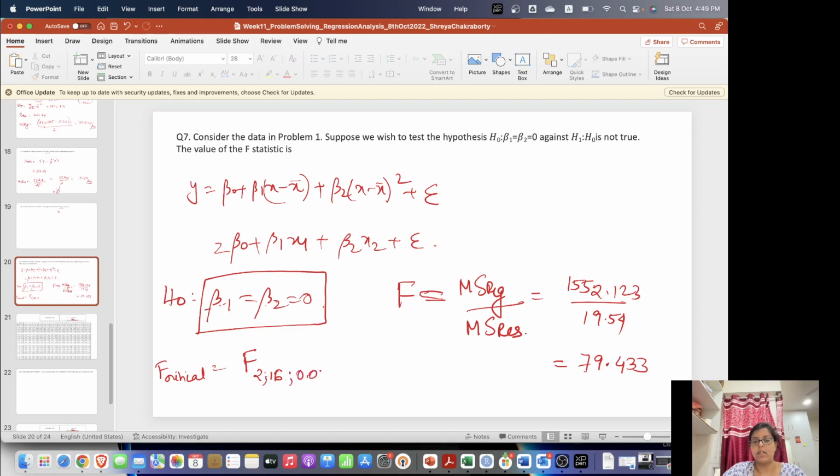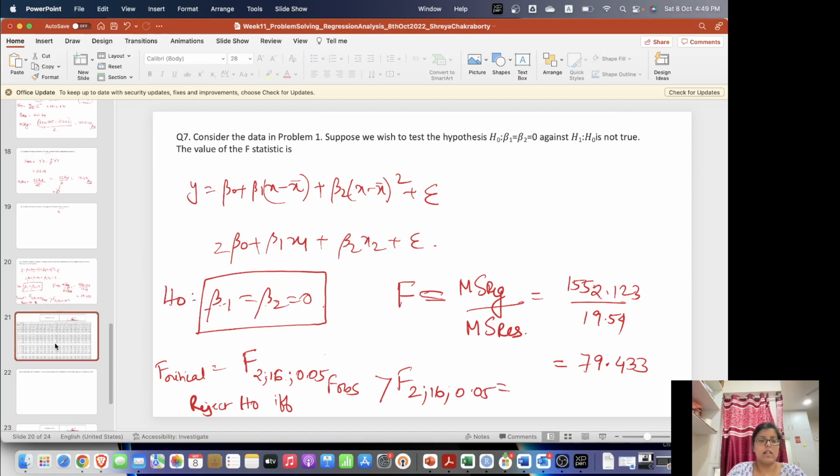And let's say the critical value at alpha 5% level of significance. So this is my critical point. So we'll reject H naught if and only if F observed is greater than F critical.